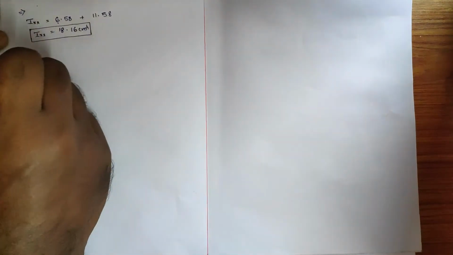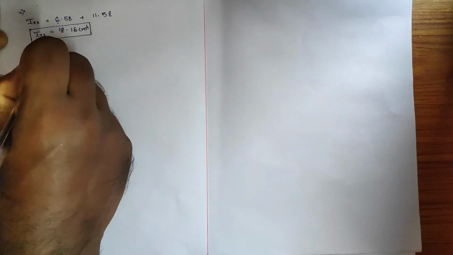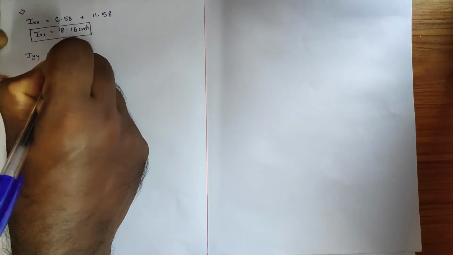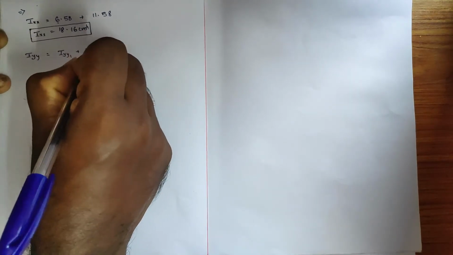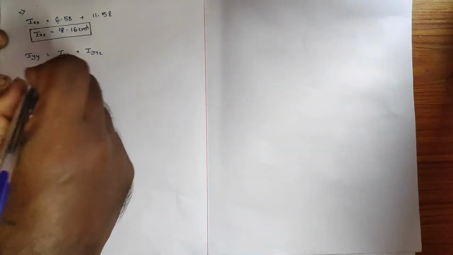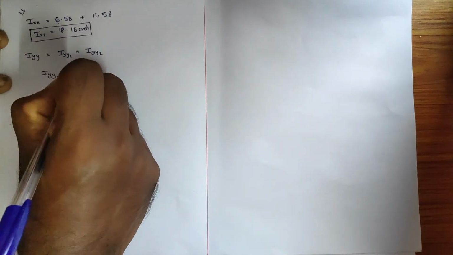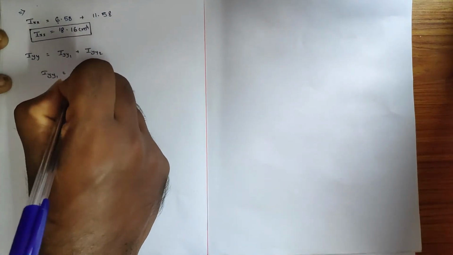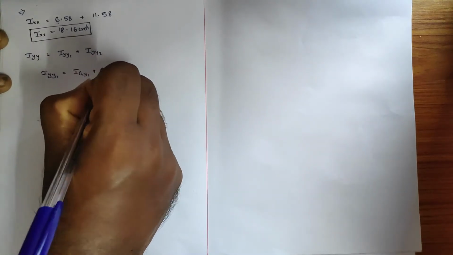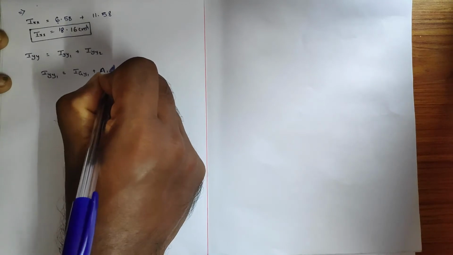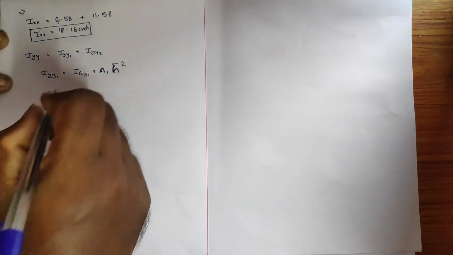Similarly, do it for the IYY axis. So IYY is equal to the moment of inertia of the first component plus the moment of inertia of the second component. Start with the first component. The formula in a similar fashion: IGY1 plus A1 into (X1 minus X bar) whole square.